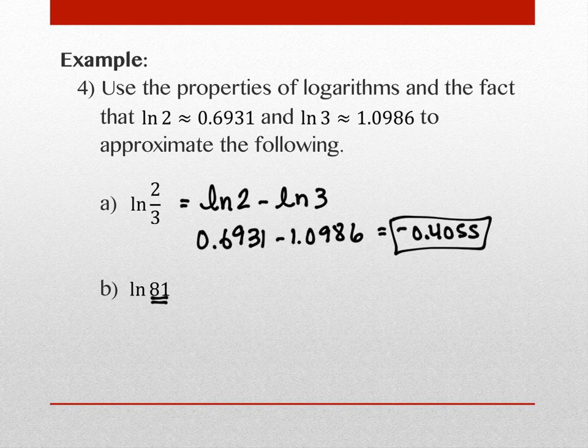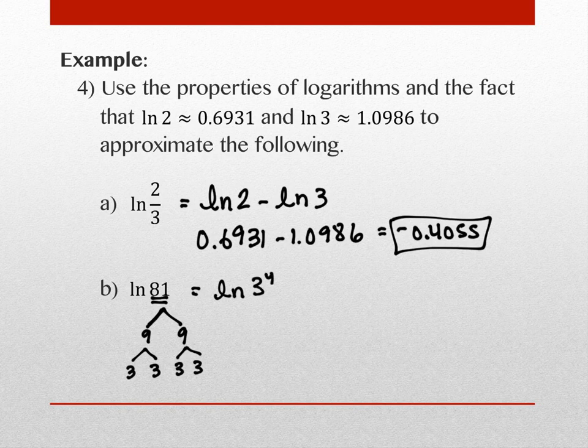We can break it down and see what happens. There's actually maybe a faster way of doing it. Do you know what 81 is in a really nice broken apart form? 9s. Yeah, so 81 is 9 times 9. And what's 9? 3 times 3. So 81 is the same thing as what?